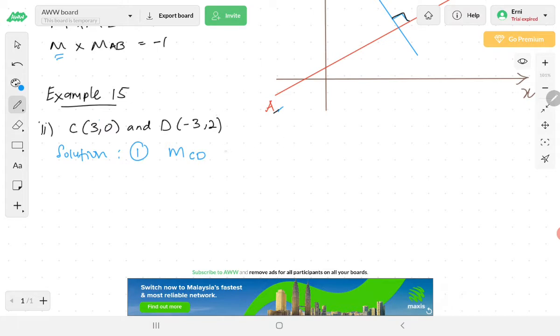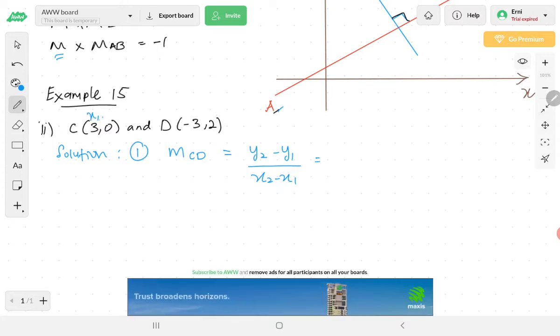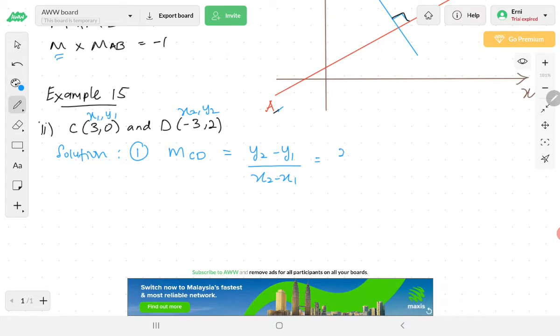The gradient equation is y2 minus y1 over x2 minus x1, from the point (x1, y1) to the point (x2, y2). So y2 is equal to 2 minus 0 over -3 minus 3.